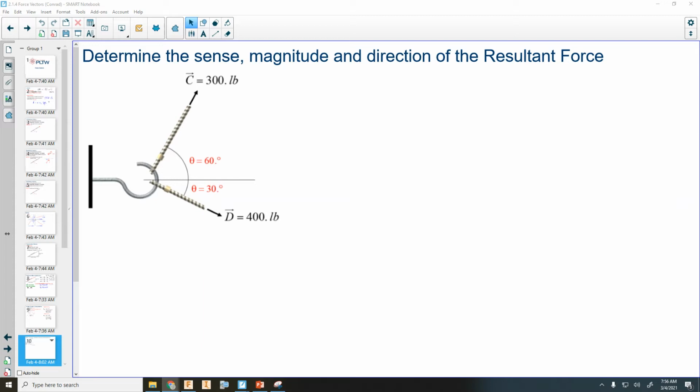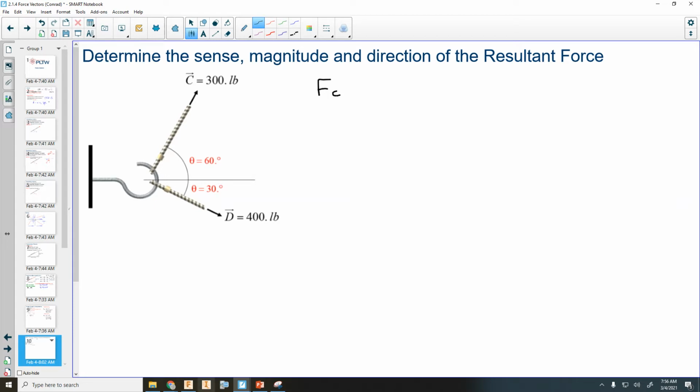Okay, so what do we got to do? In order to get the resultant vector, we need the x and y component of each vector. So for vector C, what do we know? What are our shortcut formulas?